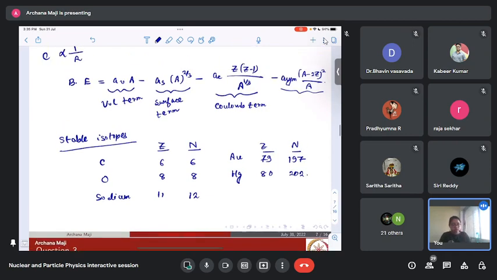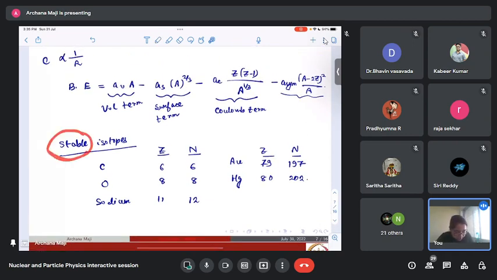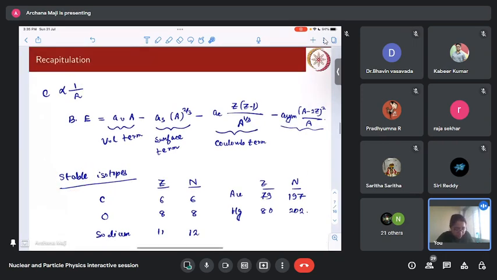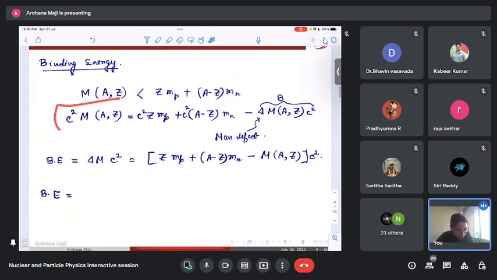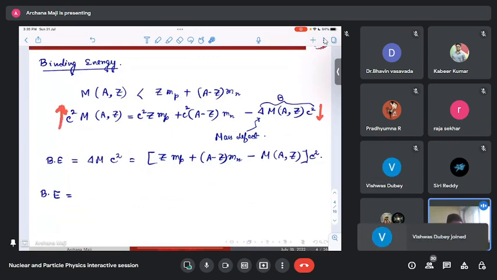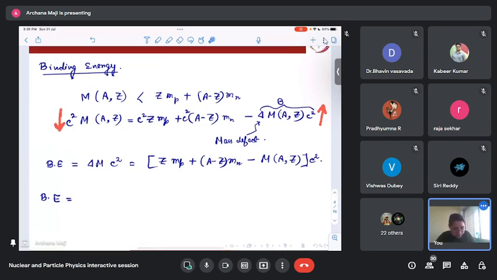So now, because we are talking about stable isotopes, if binding energy is small, as we said from this equation, that makes the nuclear energy more, and that causes the nucleus to be unstable. And if binding energy is more, then this energy will be less, and that will make the nucleus more stable.